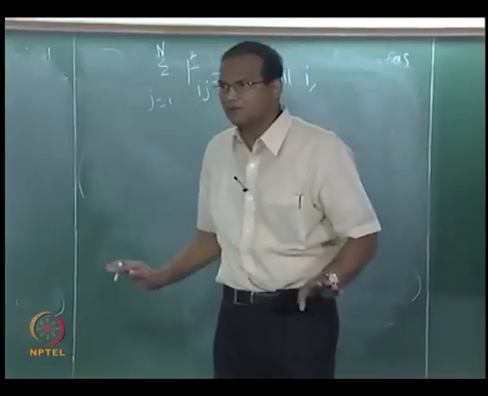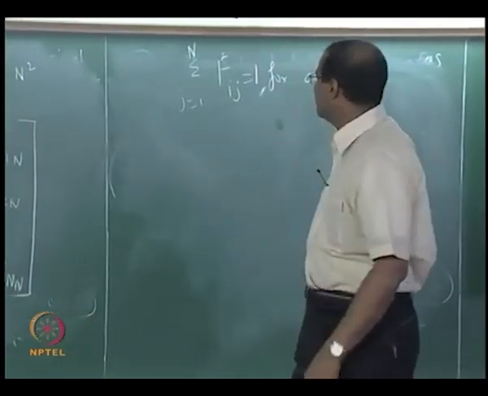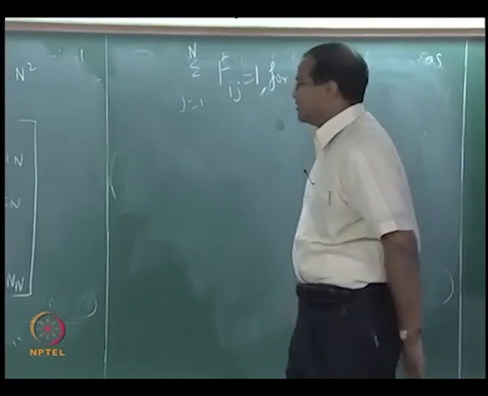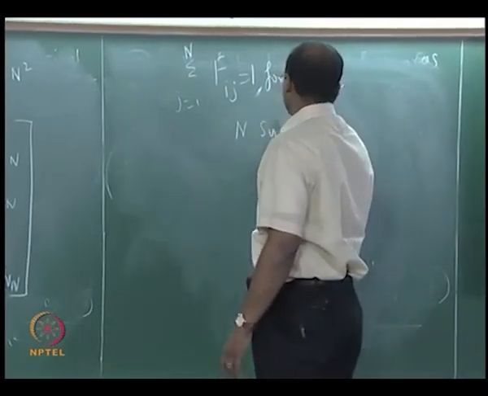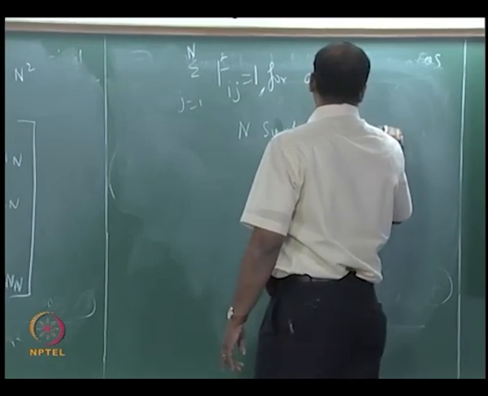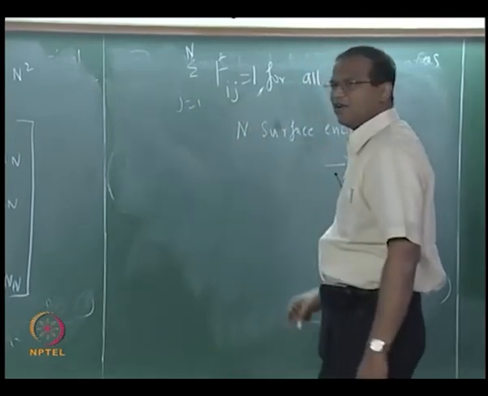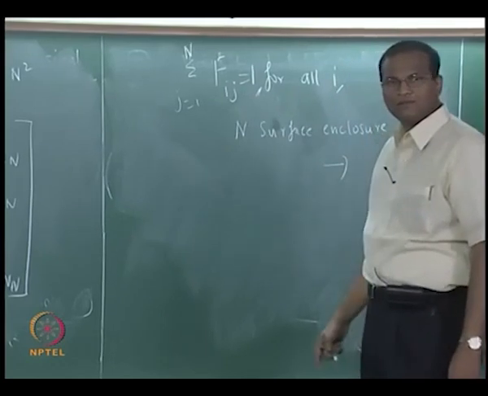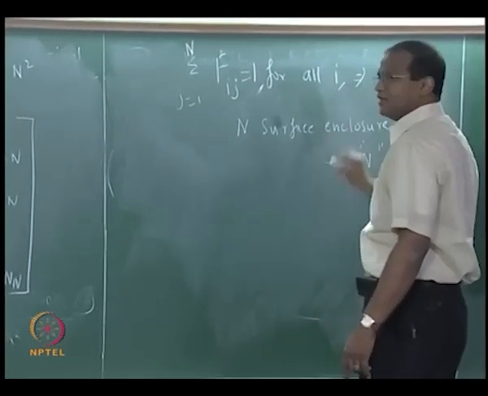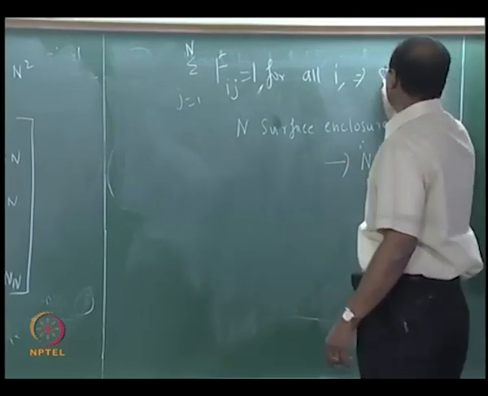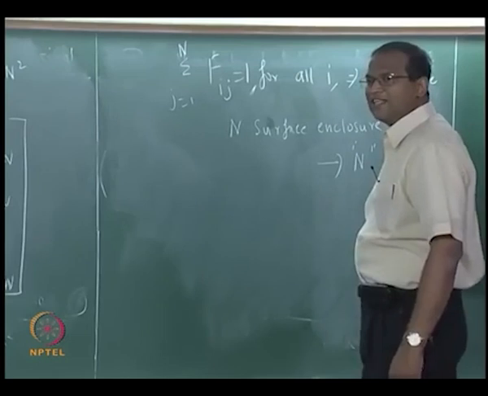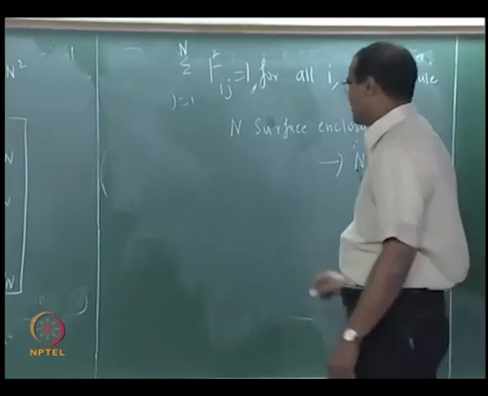Where else will the energy go? Okay. Now for an n surface enclosure, how many such rules are available? N. So by the way, this is called the summation rule or the sum rule. For an n surface enclosure, how many reciprocal rules are there?